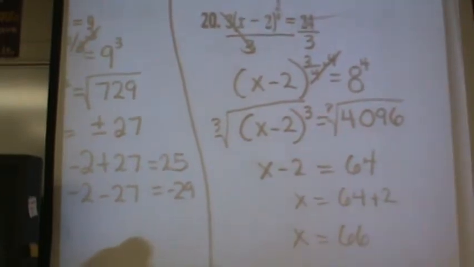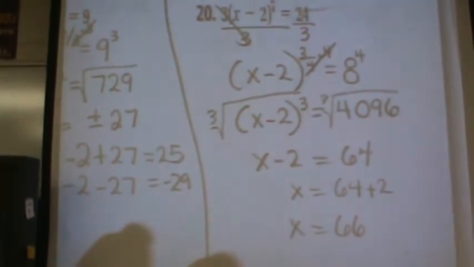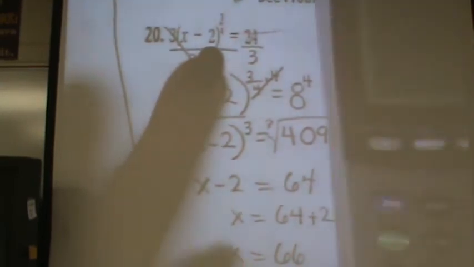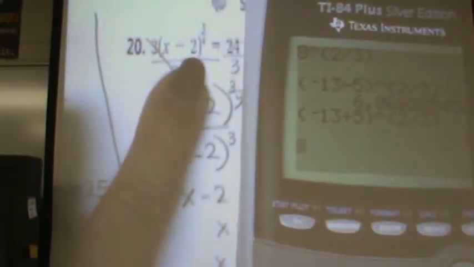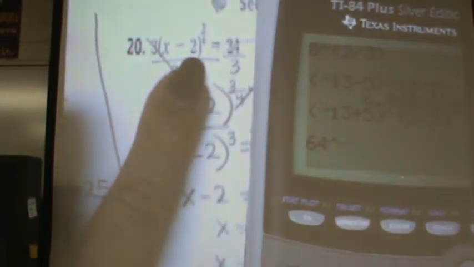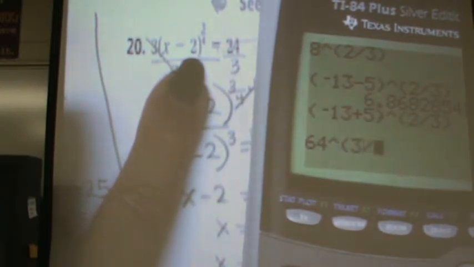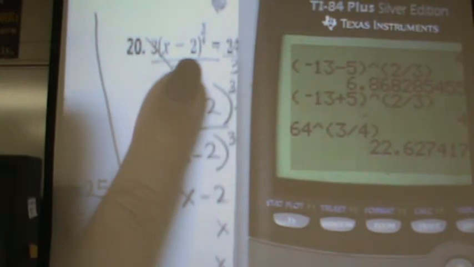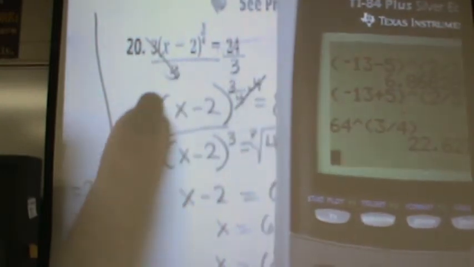Yeah, that's fine. Now, can we check this answer? Sure. Let's check it. What's 66 minus 2? 64. What's 64 raised to the 3 divided by 4 power? 22. Why is that wrong?